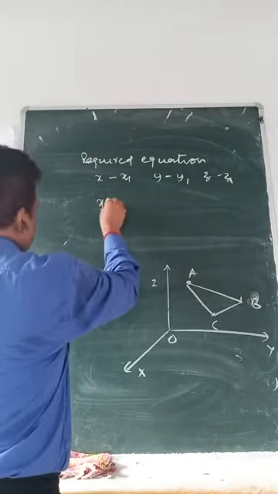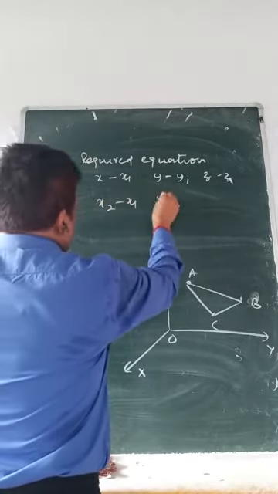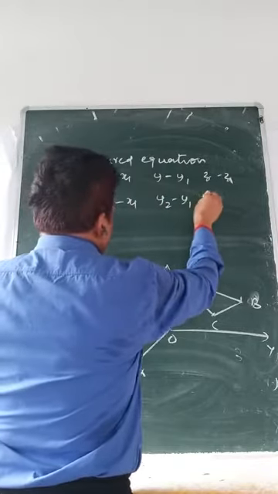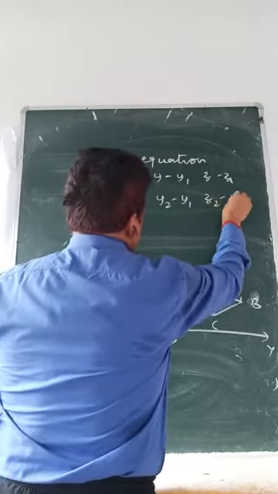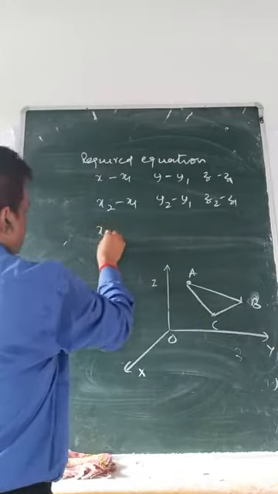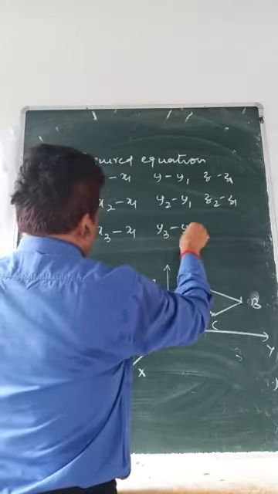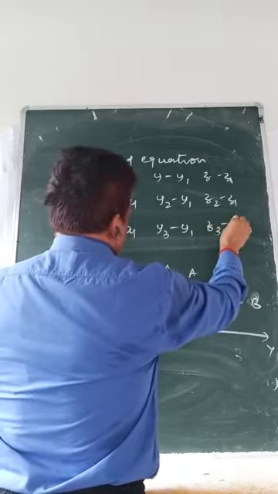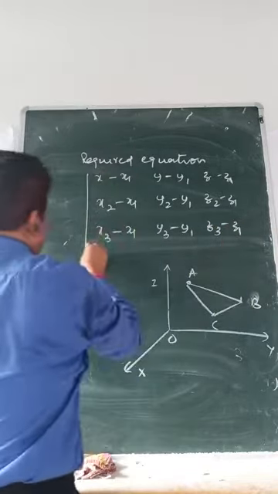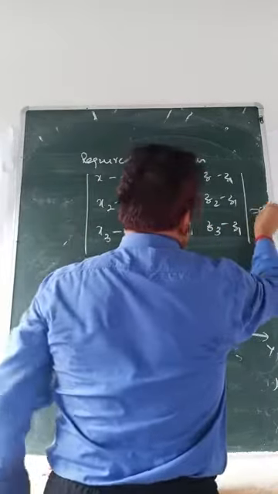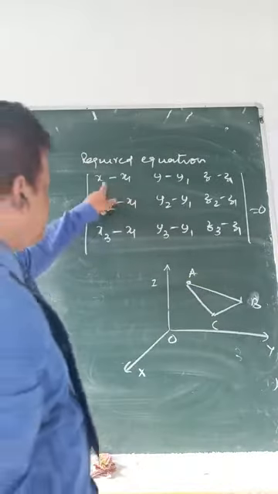Then x2 minus x1, y2 minus y1, z2 minus z1. Then x3 minus x1, y3 minus y1, z3 minus z1. Determinant equals 0. Very simple to remember.